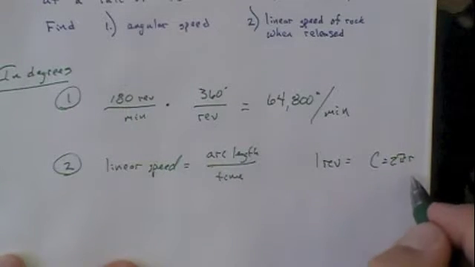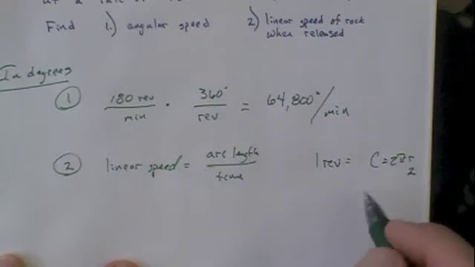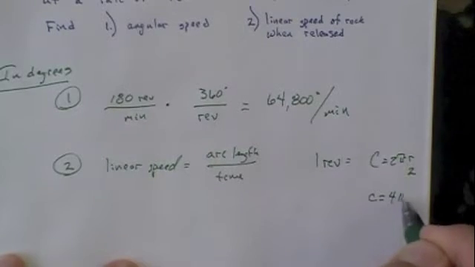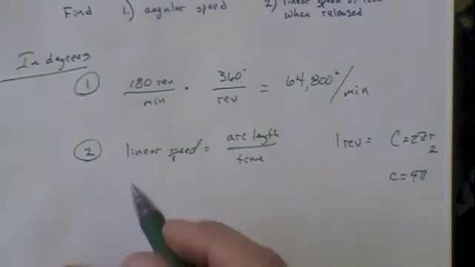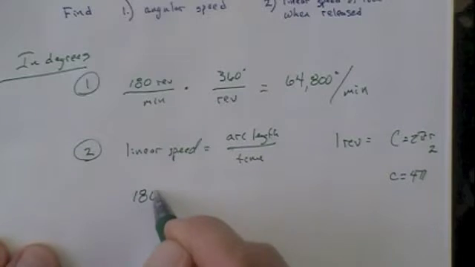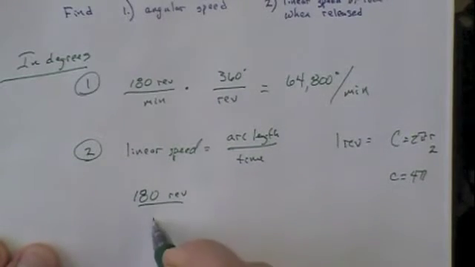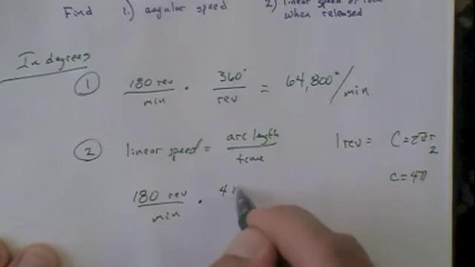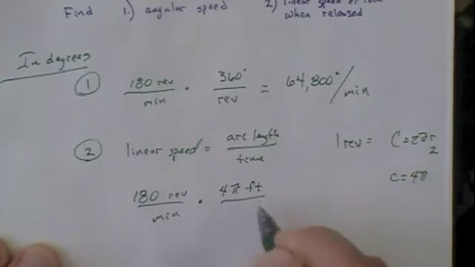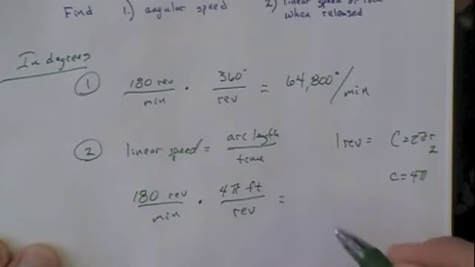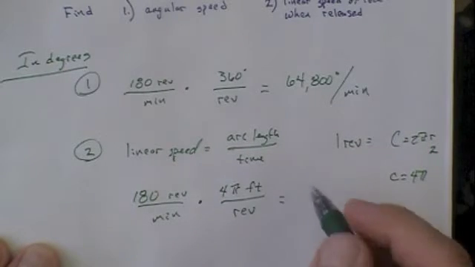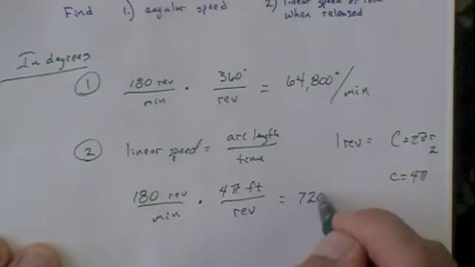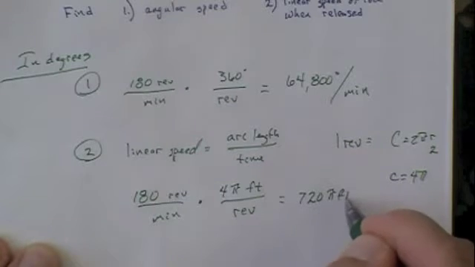Now in this case our radius is 2, so then that would give us a circumference of 4 pi per revolution. Now if we have 180 revolutions per minute and we are going 4 pi feet per revolution, then we could find that the linear speed is going to be 720 pi feet per minute.